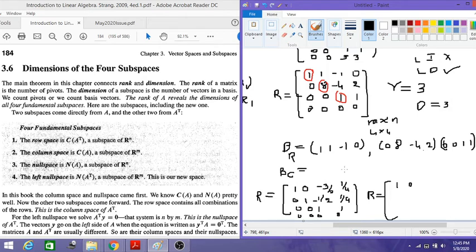So 2 by 3, multiply this by 2 by 3. This will make it 1, but it doesn't make it 0.